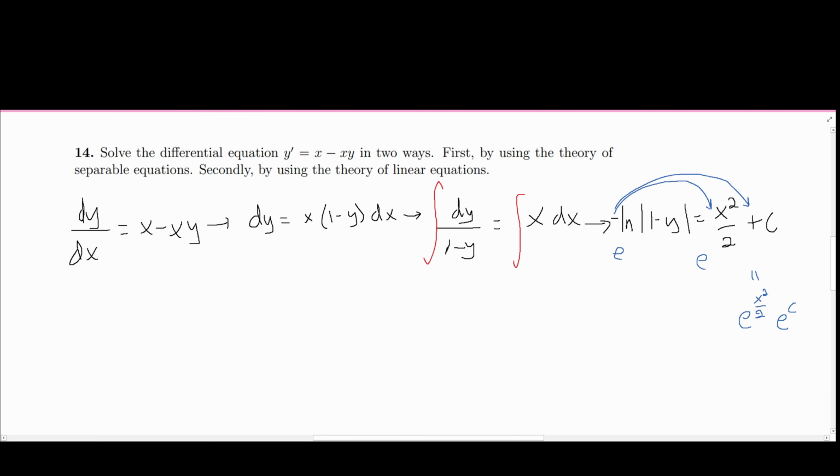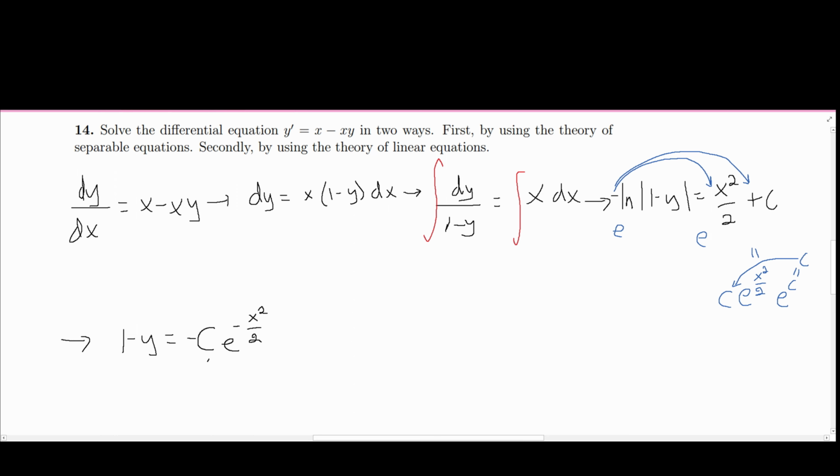This just equals c, and we can move that constant out front. So this is just going to be c e to the negative x squared over 2. So this is what we're left with. 1 minus y is equal to negative c e to the negative x squared over 2. If you're confused on where the negative came from, remember it came from this negative right here. We factored it out onto the other side.